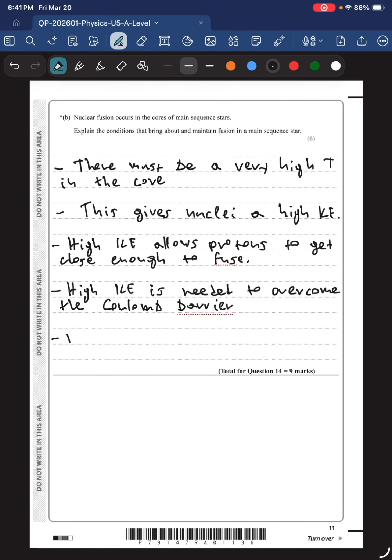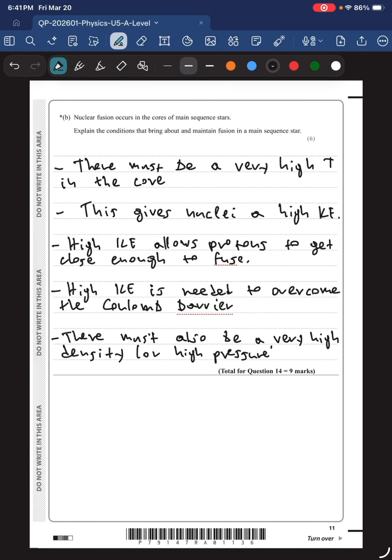There must also be a very high density or high pressure in the core.